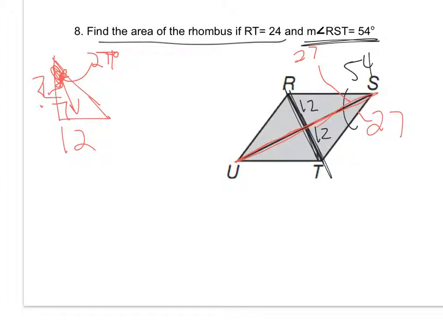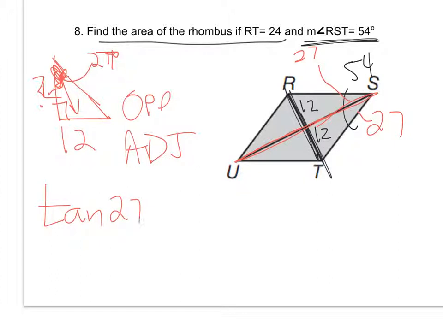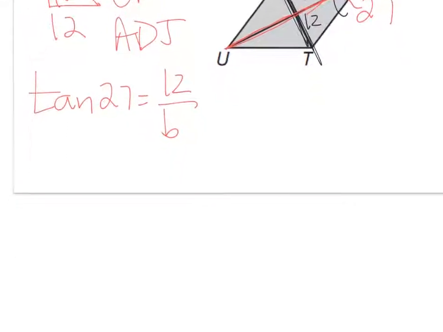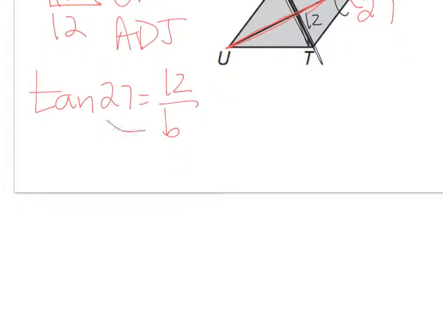It's not the hypotenuse, it's the opposite and the adjacent. So that means I want the tangent. So tangent of 27 is going to be equal to 12 over whatever side that is. We'll call it B. If you remember way back to trig, basically all you do is these two switch places. So B will be equal to 12 over tangent of 27.